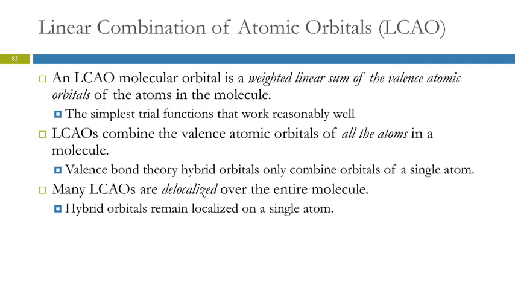Those combinations are delocalized over the entire molecule. In valence bond theory, the hybrid orbitals are still localized on a single atom. So that's a big difference between these two theories. Any questions yet?